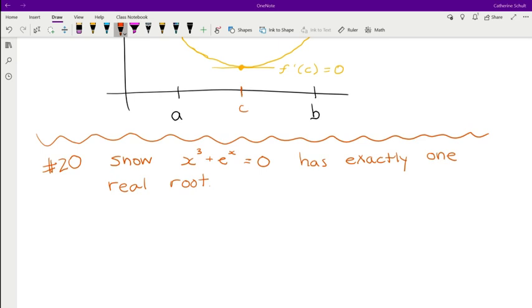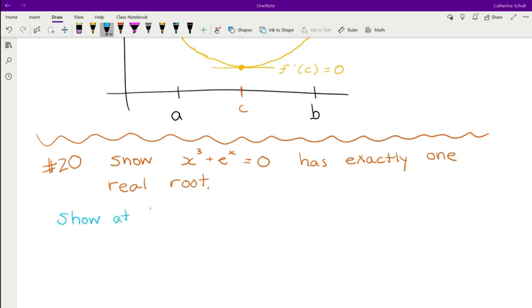So this is what we're going to do. First, we're going to show that there's at least one real root. And after we prove that at least one exists, we can prove that only one exists. But the first step is we have to show that there's at least one, and we have a technique to prove that we have a root.